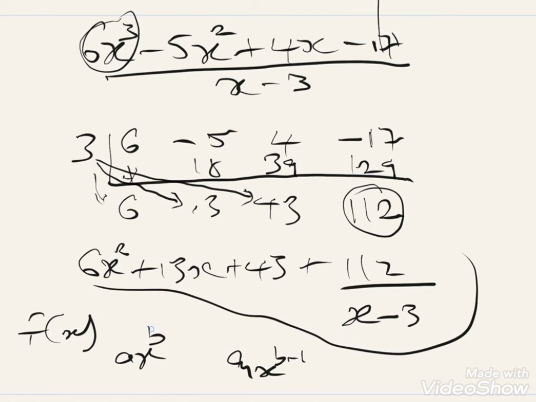That is, after the synthetic division, when putting in standard form, the first term of the new quotient polynomial will be reduced by 1. That is why I have b minus 1.